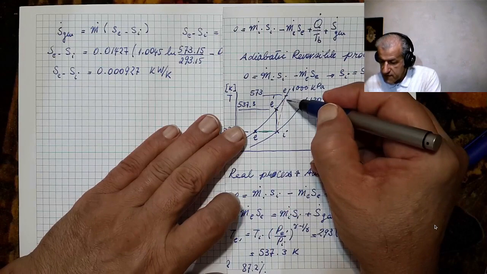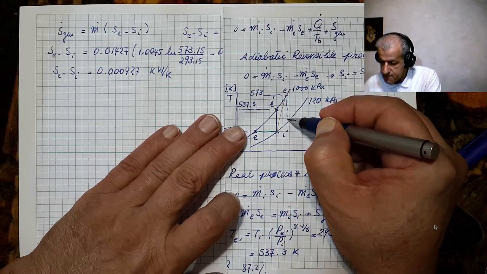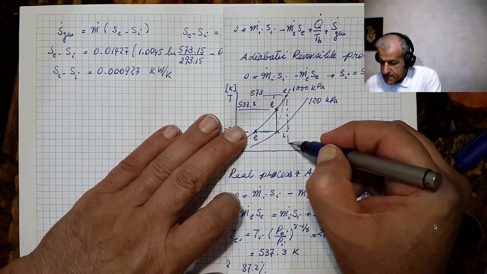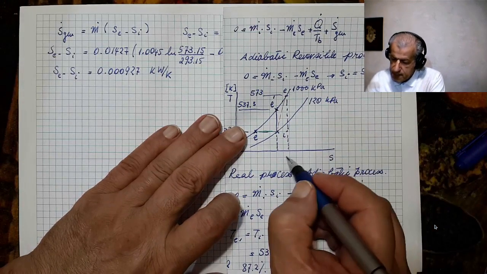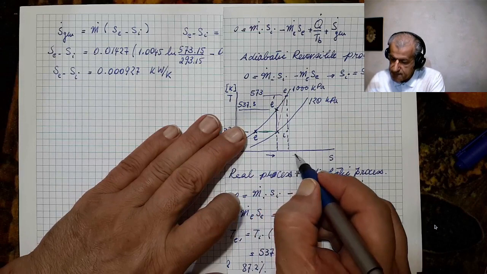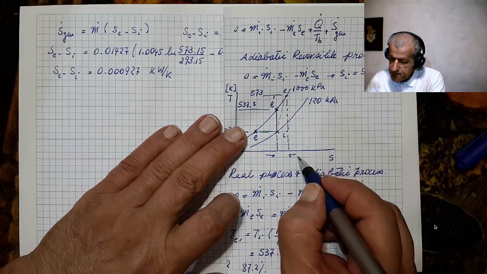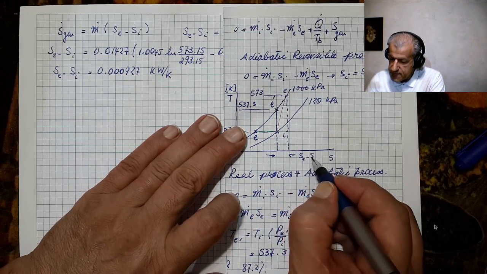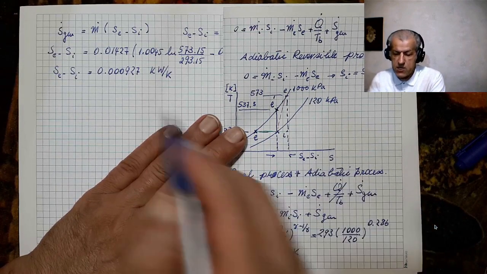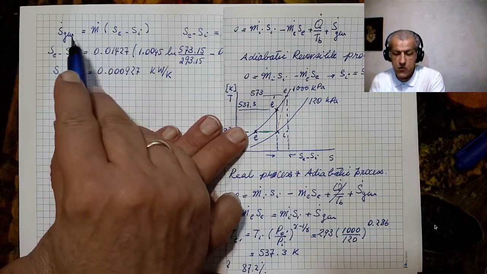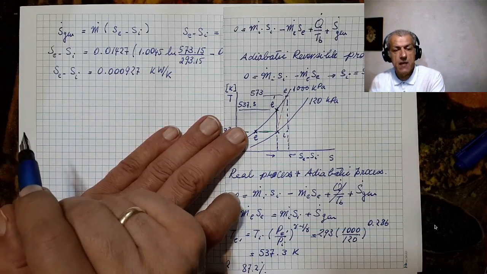This is the distance that we have calculated, Se minus Si, and the equation tells us that this distance equals the generated entropy.